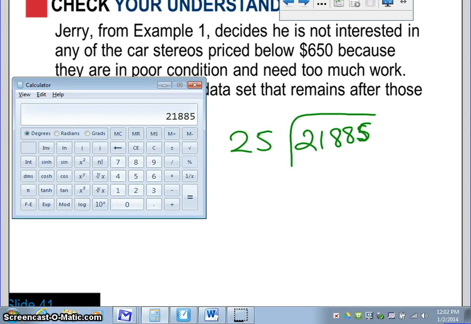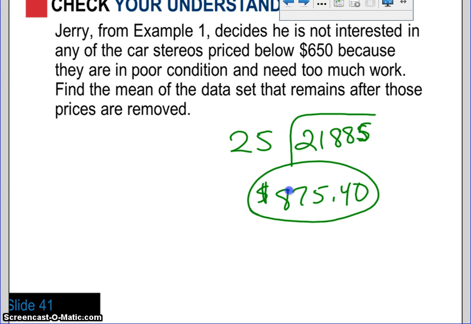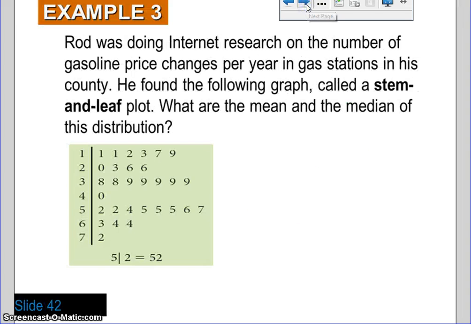So coming back to the calculator, let's take the 21,885, we're going to divide it by 25, and now my new mean is $875.40. So the nice thing about creating this frequency distribution is you can see there are so many things that we can do with it now, and it's quick and it's easy. We did all the work early on, and now we've made it easy for ourselves.